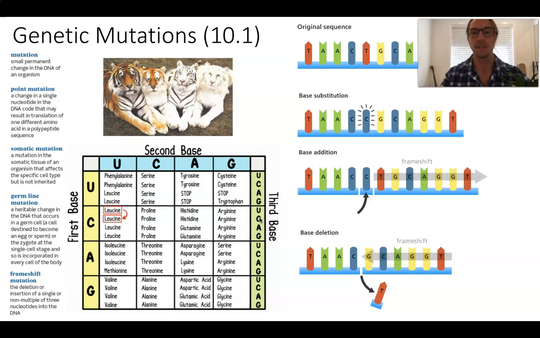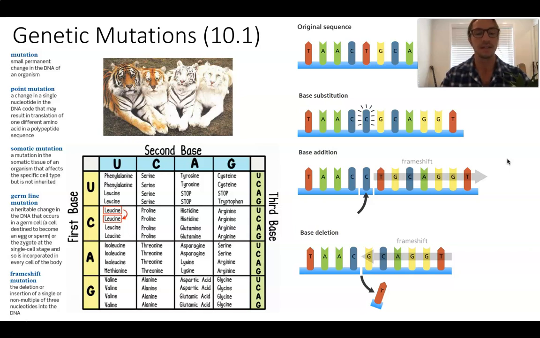The second we see here is an addition, a base addition, or as the textbook calls it, an insertion. Insertion, and underneath that, base deletion, can be even more significant because they have the potential to be especially dangerous by causing what is called a frame shift.